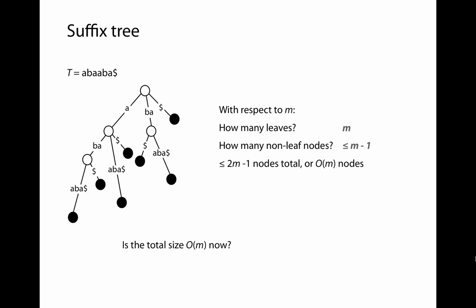No, there's still something about this data structure that grows with m squared. Basically it's the total length of all the labels on all these edges. If you add together the lengths of all the labels on all these edges, that still grows with m squared in the worst case. So we improved something about the data structure, but we're still not finished trying to make the whole data structure fit in order m space.